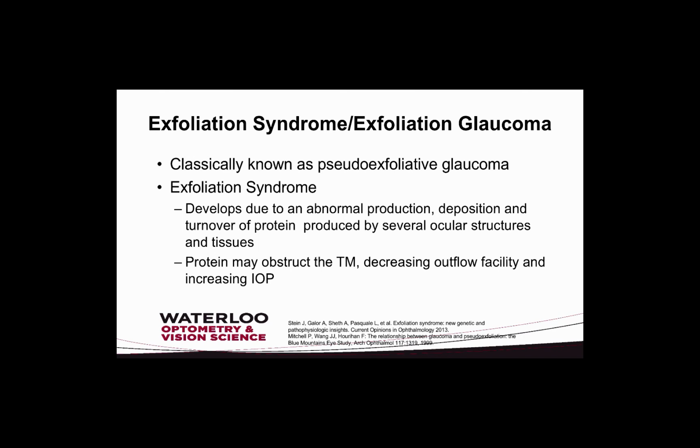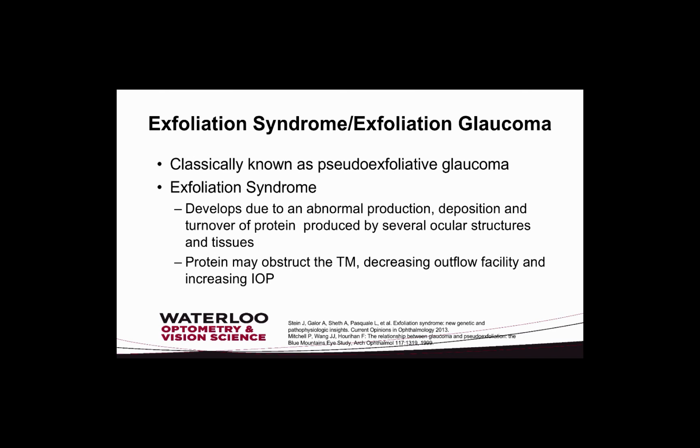Exfoliation syndrome is the development of an abnormal production, deposition, and turnover of proteins that's produced by several ocular structures and tissues. But what causes a problem is when these proteins obstruct the trabecular meshwork, because that's going to decrease outflow and ultimately increase IOP.